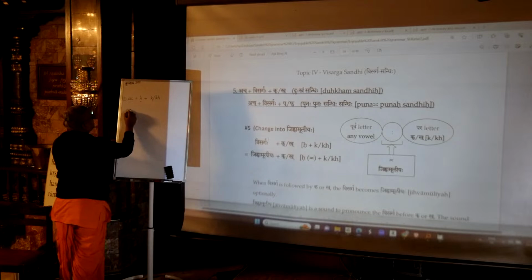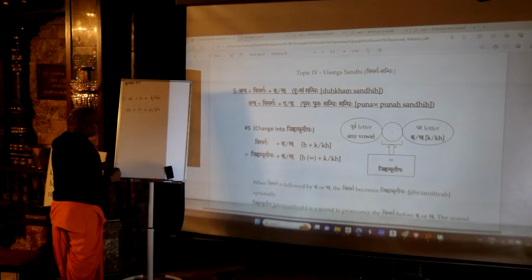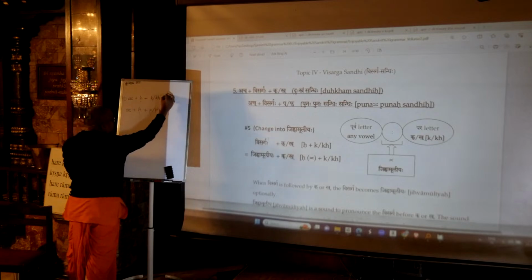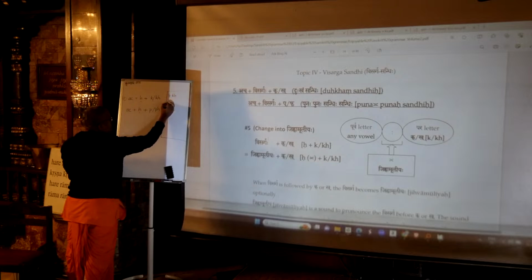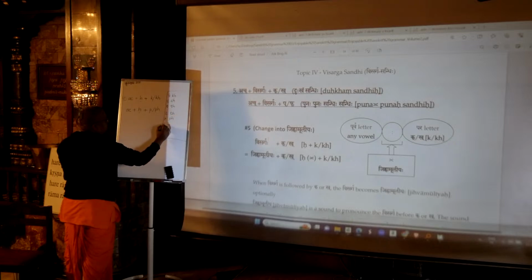Or another case is ach plus visarga plus pakara, phakara. So these are little specifics. We are talking about hard consonants, so what all do we have to deal with? Can you tell me? Kakara, khakara, then chakara, then takara and thakara, then takara, thakara, then pakara, phakara. What more?